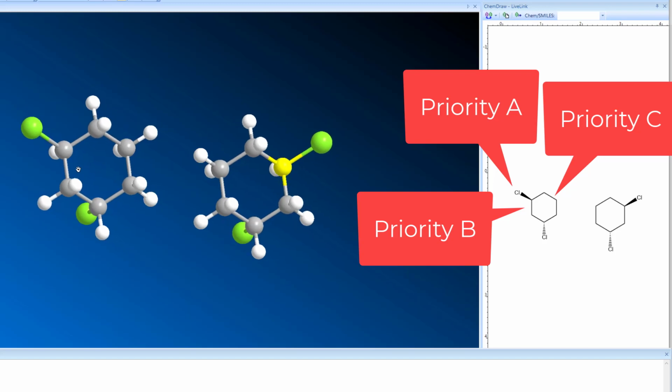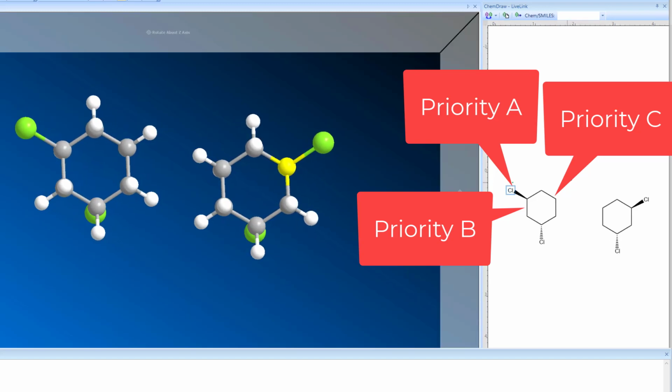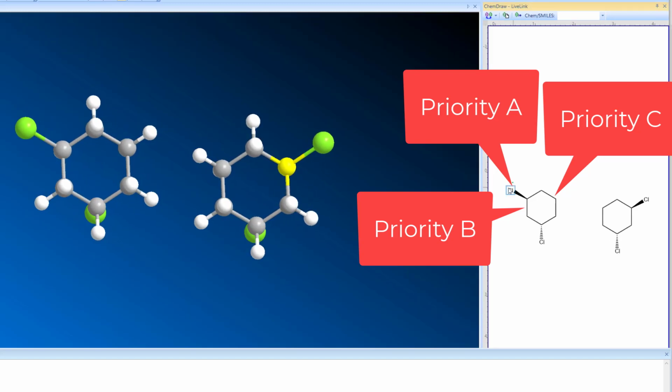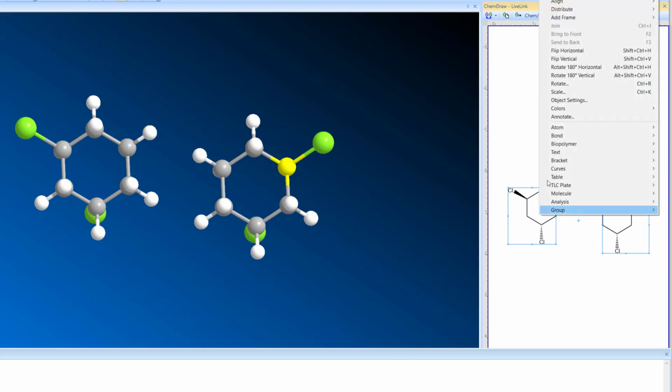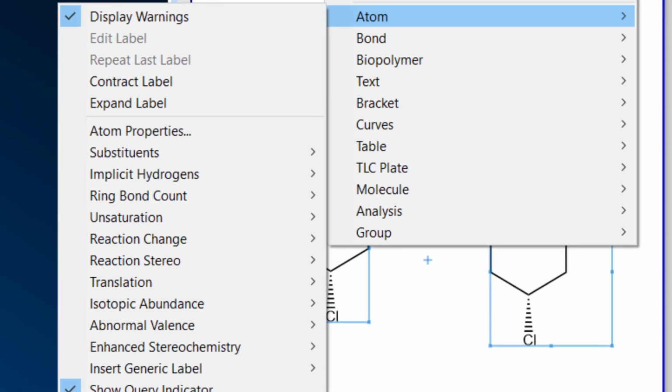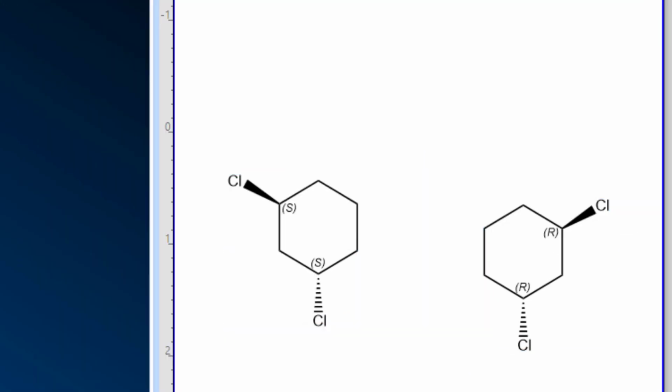Now when we come to look at the other one, because both of these stereocenters are S, the other ones, if they're enantiomers, should automatically be R. So I'm going to switch on the stereochemistry for both, and that's exactly what was expected. So these are enantiomers.